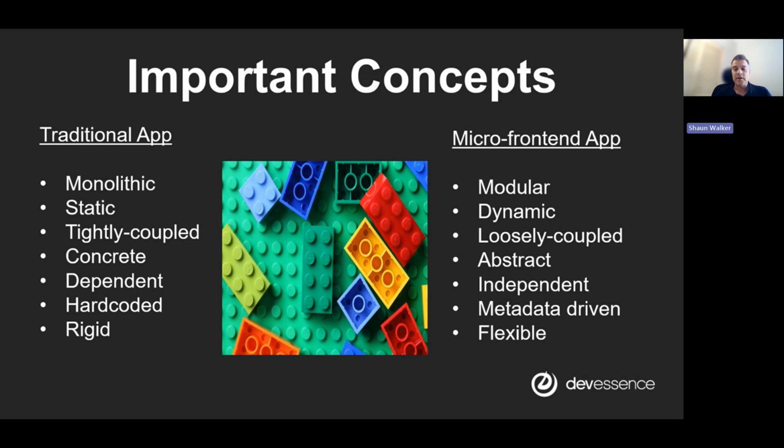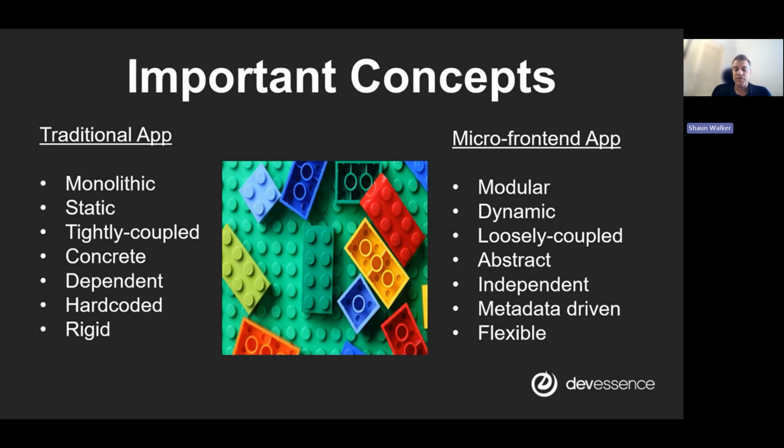Whereas if you're thinking about a micro front end application, it needs to be modular, meaning everything needs to be thought of as broken down into discrete parts. It needs to be dynamic. So in a lot of cases, you're going to be dynamically creating objects and injecting those into the UI. You're not going to include as many hard-coded static references to things in your UI. Things are more loosely coupled, meaning they're very independent from one another. They're developed independently. They're deployed independently.